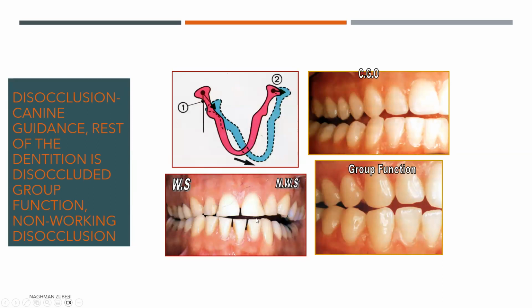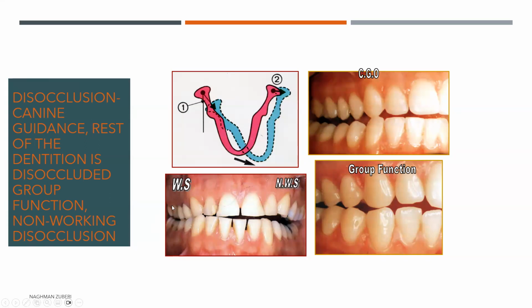Similarly, when there is lateral movement, there are two possibilities: one is canine guidance, and the other is group function. The side you are moving your mandible toward, where your condyle is moving outward, is considered the working side, and the opposite side is the non-working or orbiting side.